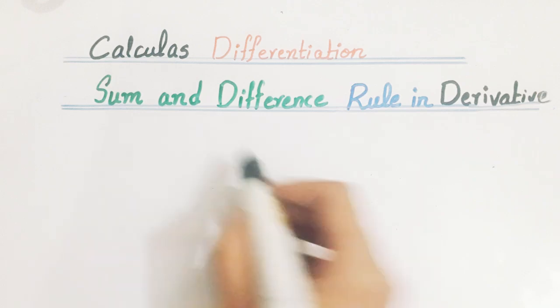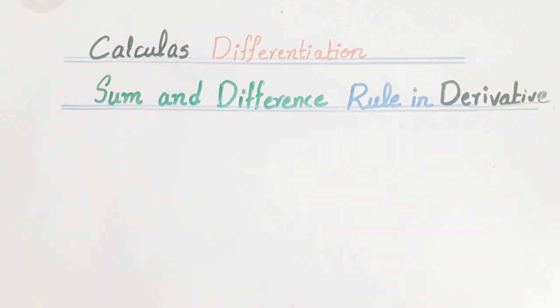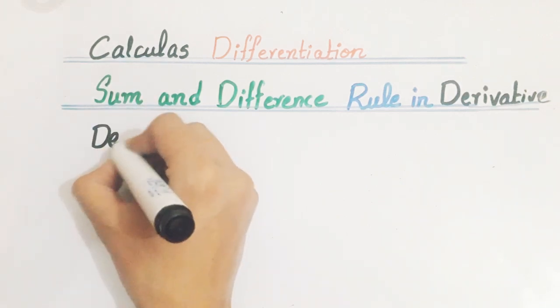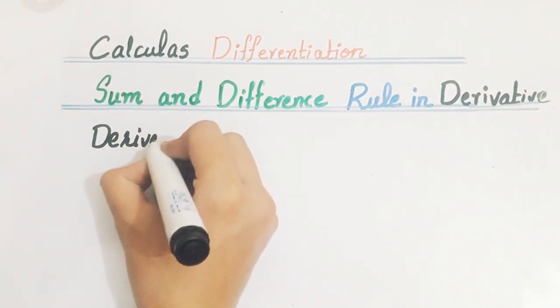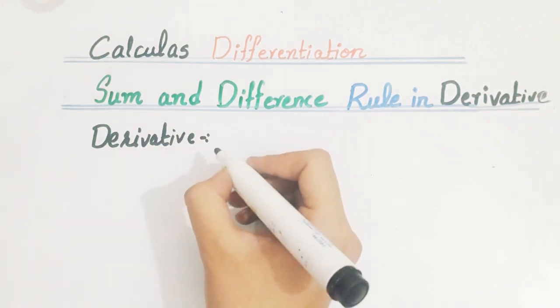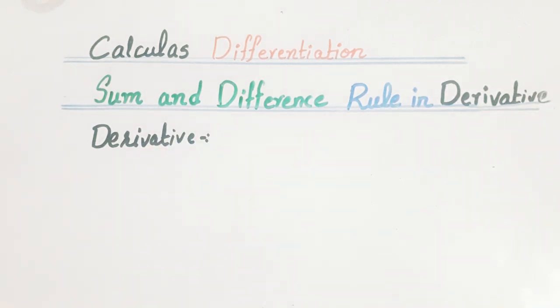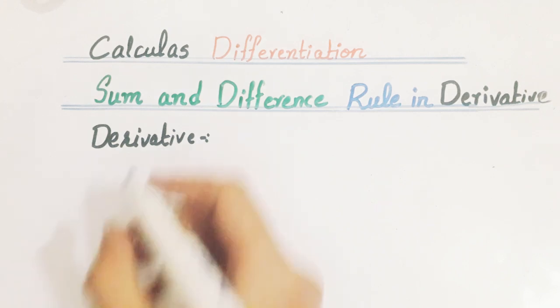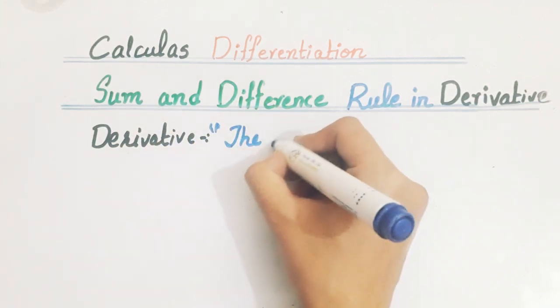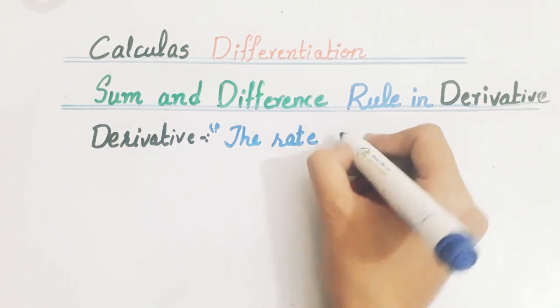So first of all, you have to understand what is a derivative. A derivative simply tells us the rate of change.